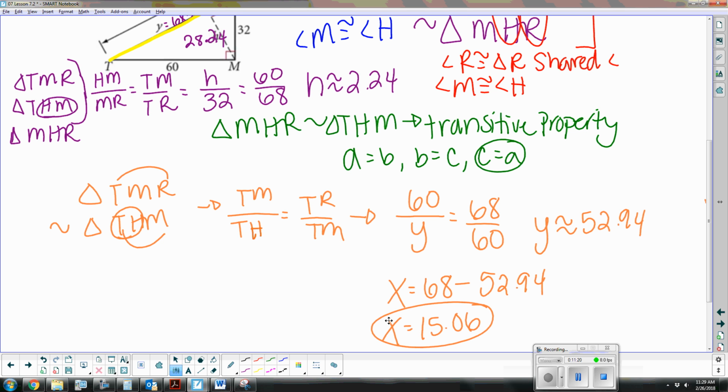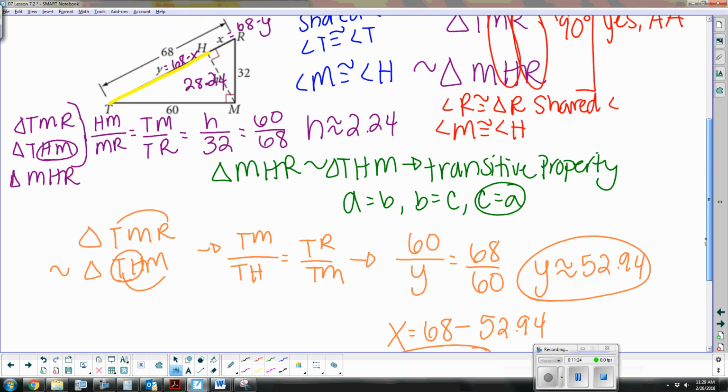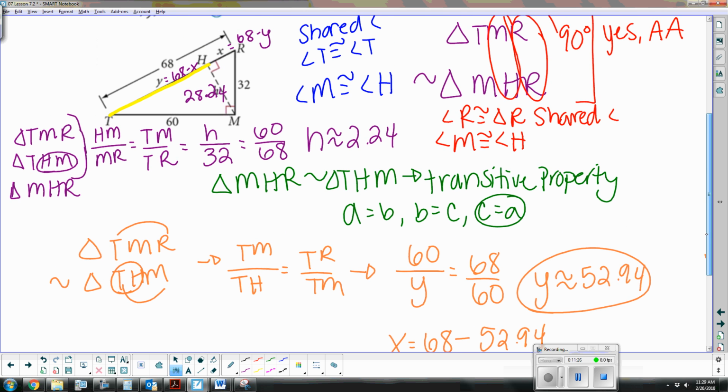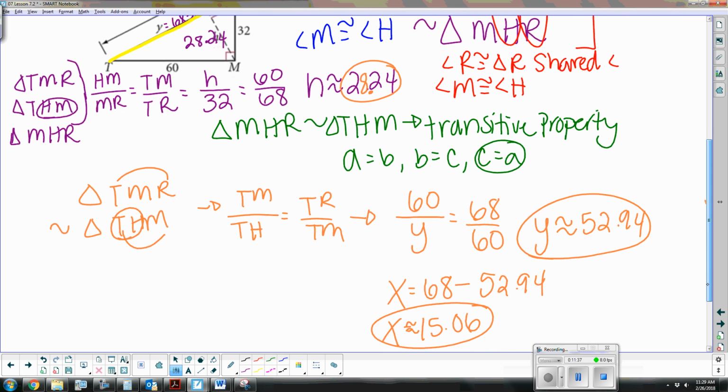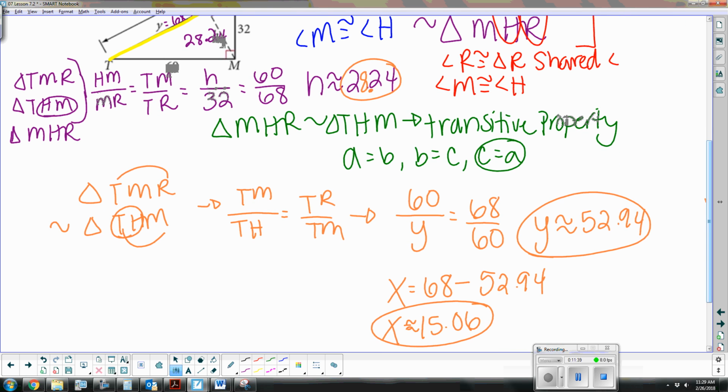So that's my x value. All right, so h is approximately equal to 28.24, y is approximately equal to 52.94, and x is approximately equal to 15.06.